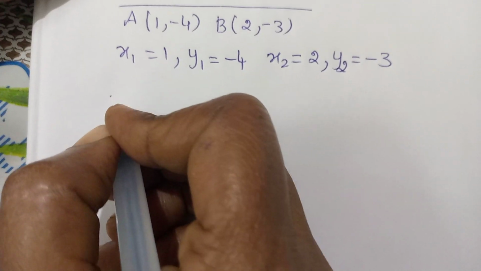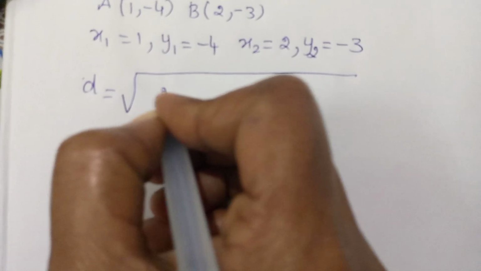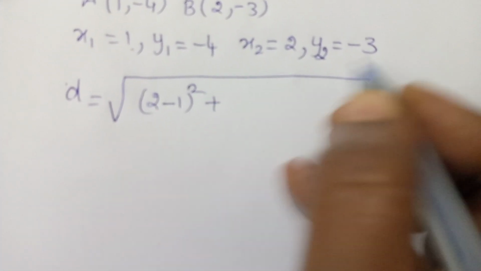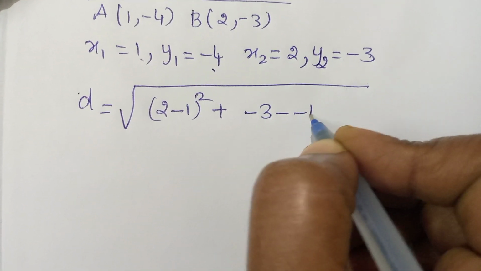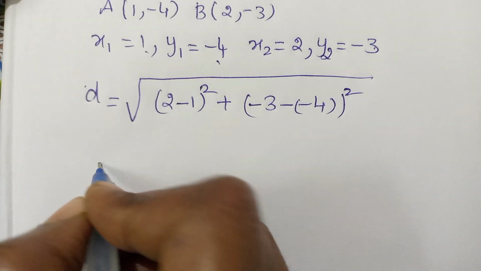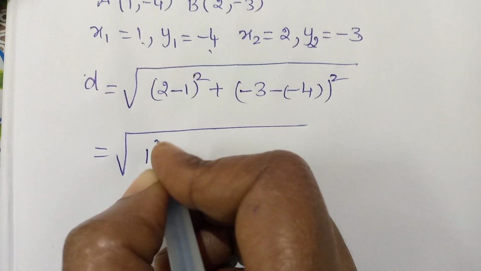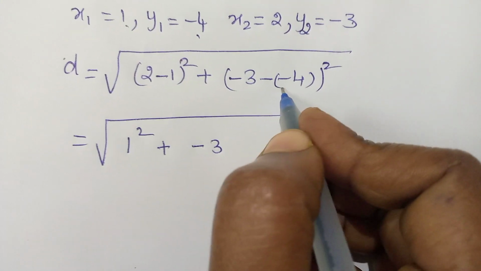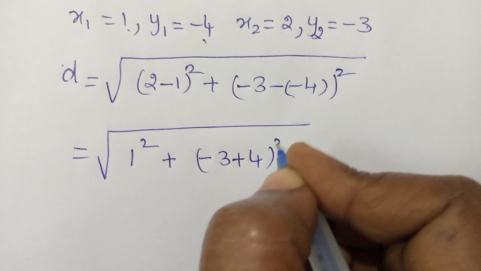That is d is equal to square root of x2 minus x1. 2 minus 1 the whole square plus y2 minus y1, that is minus 3 minus 4 the whole square. That is equal to square root of 2 minus 1 is 1 square plus minus 3, here minus into minus plus 4 the whole square.